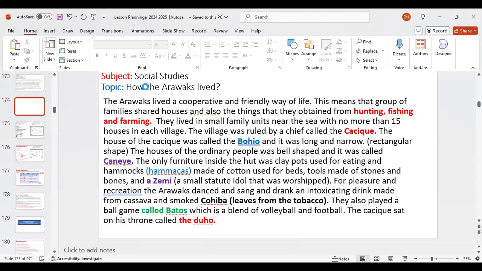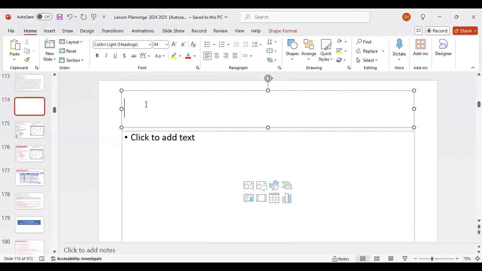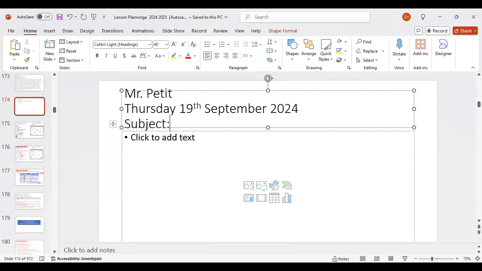So today is Thursday, the 19th of September, 2024. The subject is, of course, religious studies.